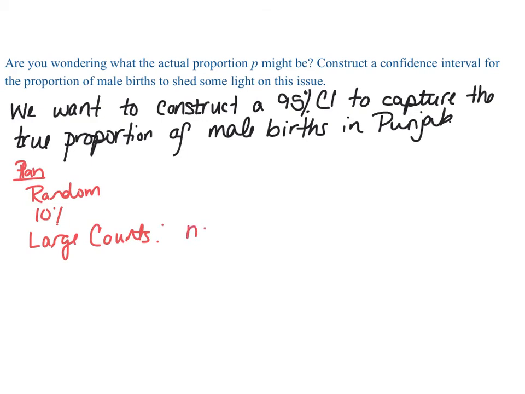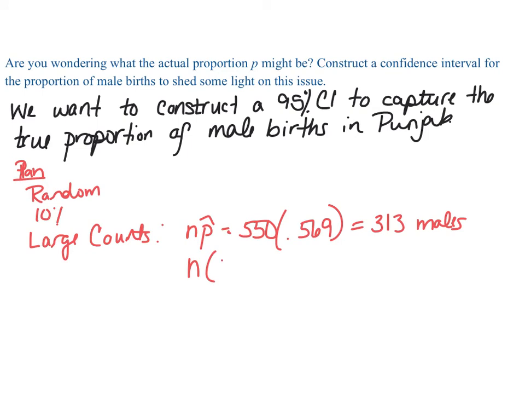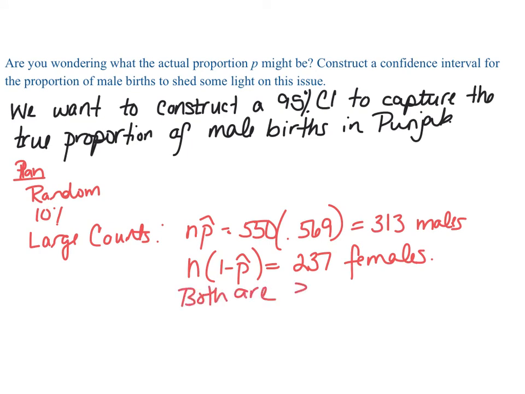So I need to check N times P hat, which would be 550 times 0.569, would be equal to 313 males, and N times 1 minus P hat would be 237 females, and both are greater than or equal to 10.